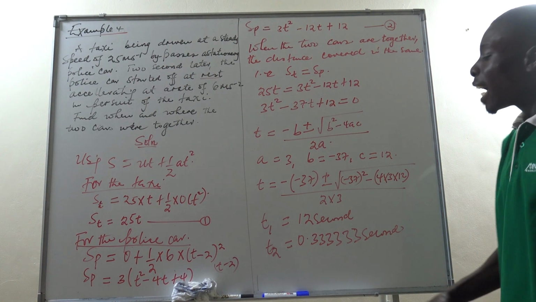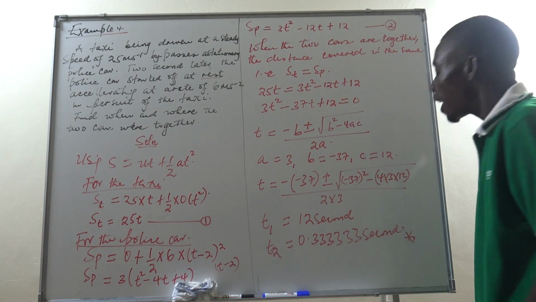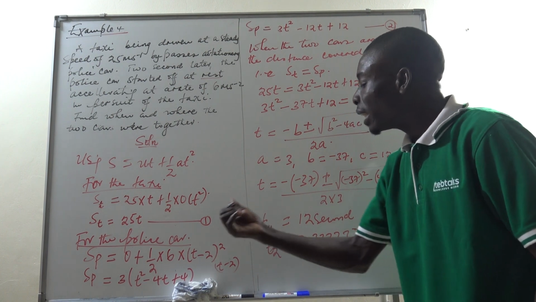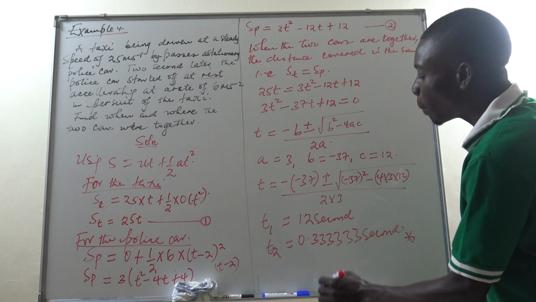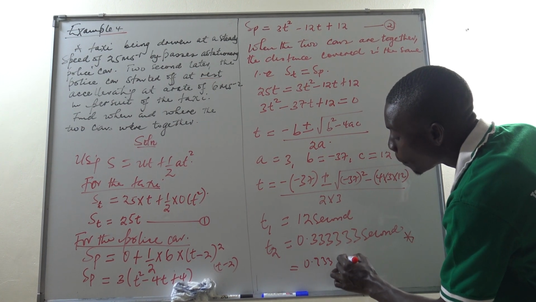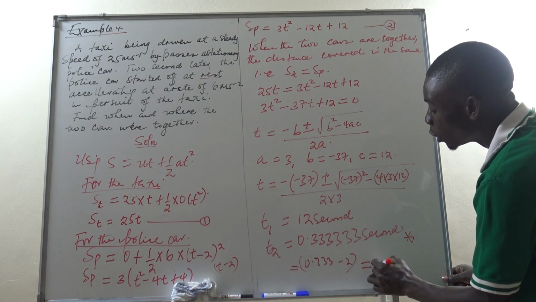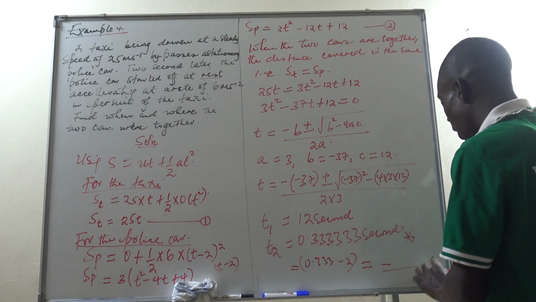Now, look at a scenario where you are assuming t is this value here, and now you are using this t to get the time for the police car, which is supposed to be t minus 2. That will imply that you are supposed to say this t, which is 0.33, minus 2. It will throw you into negatives, and that means the time is negative.